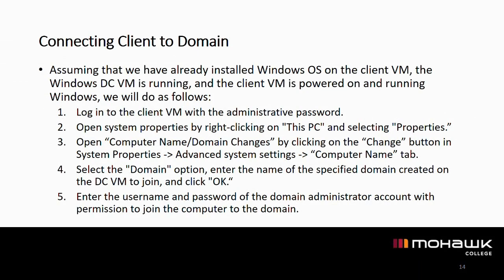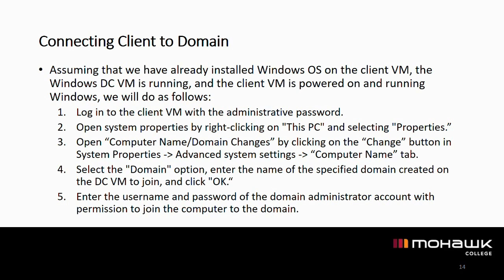Connecting client to domain. After completing the process of creating the Windows domain controller virtual machine and activating the DHCP server role, we proceed with connecting the client virtual machine to the defined domain.